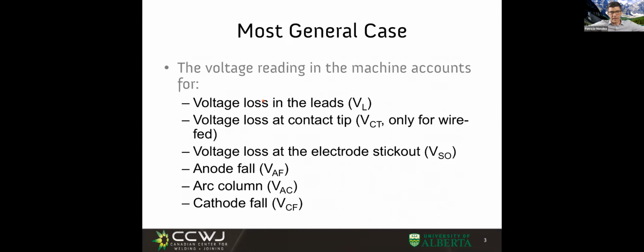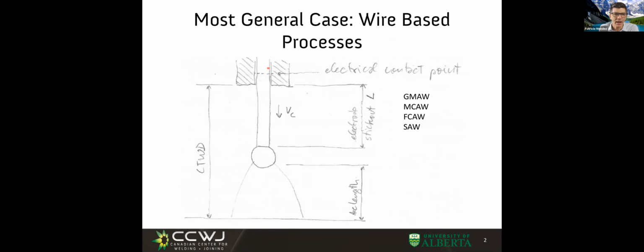The leads are the welding cables. Voltage loss at the contact tip. Here we have a sliding electrical contact. Current comes through the contact tip, and then it has to jump into the wire, but the wire is moving. So we have a resistance that is associated with that sliding contact.